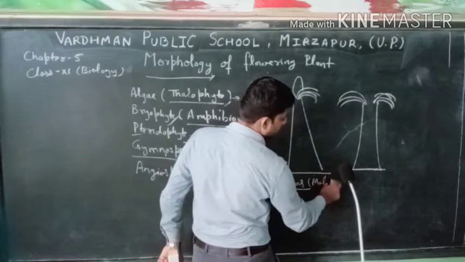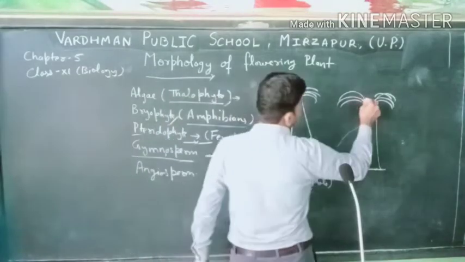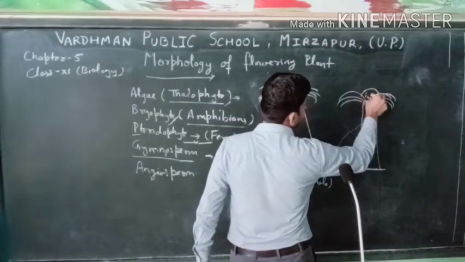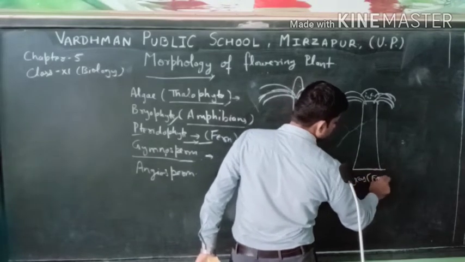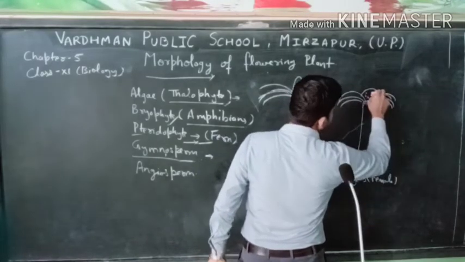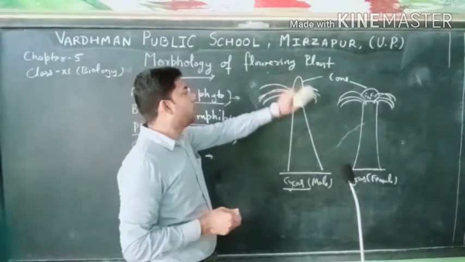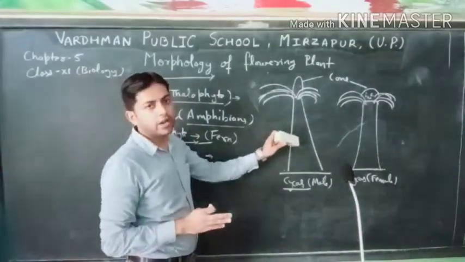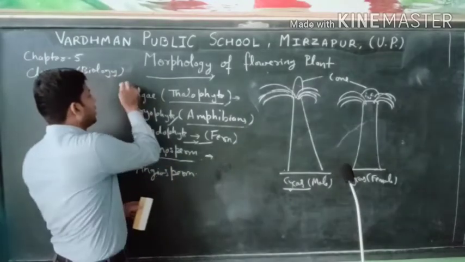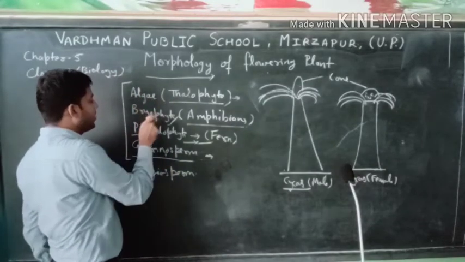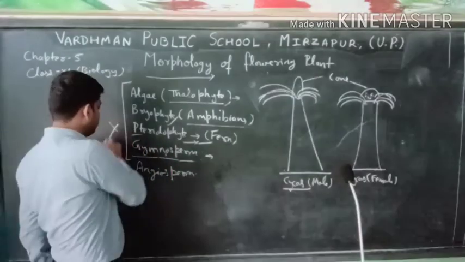This is the male plant because it consists of a large male cone, and this is the female cone because it consists of a small-sized cone. So here cones are present, but flowers and fruits are not present. So these are non-flowering plants. It means algae, bryophyte, pteridophyte, gymnosperm, these are non-flowering plants.